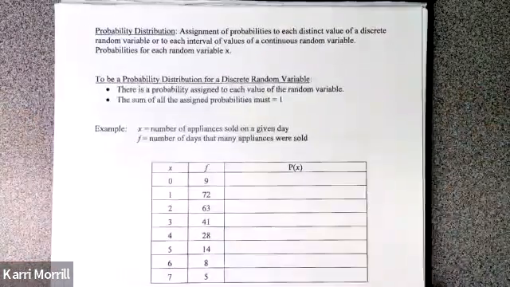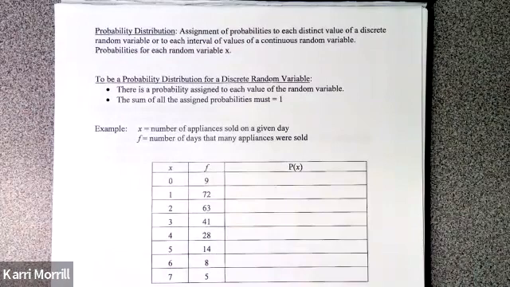So probability distribution. Assignment of probabilities to each distinct value of a discrete random variable or to each interval of values of a continuous random variable. Probabilities for each random variable X. So we're going to be given an example of what this means, an assignment of probabilities.